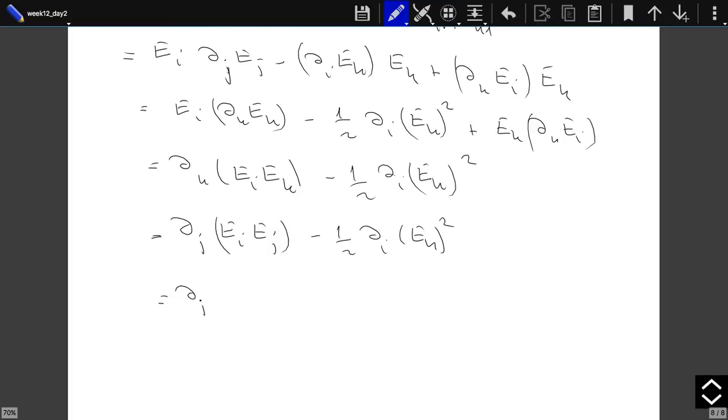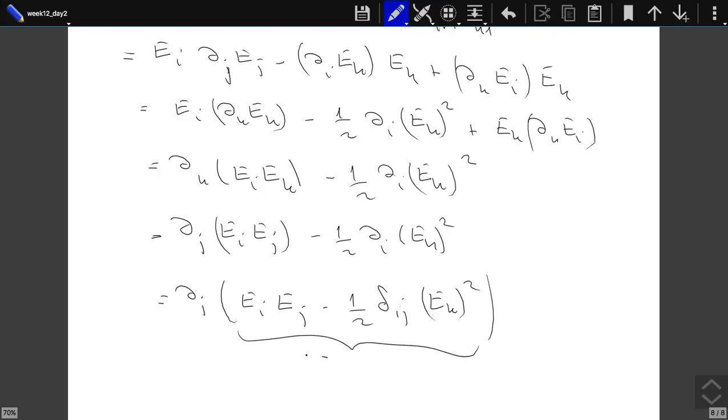This is equal to ∂_j of E_i E_j minus 1 over 2 Kronecker delta ij E_k squared. Now let me call all of this thing T_ij. Let me also call it E because there's only the electric field there.